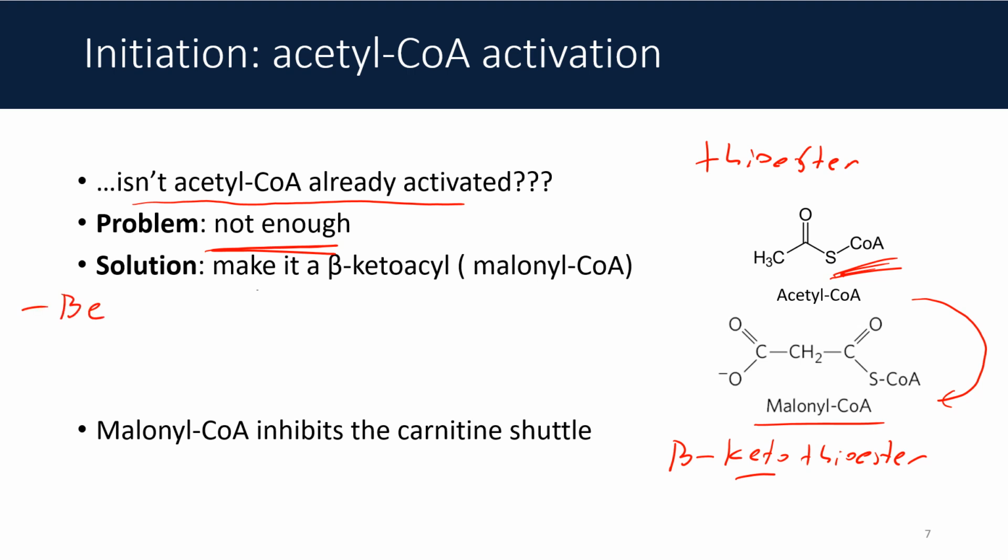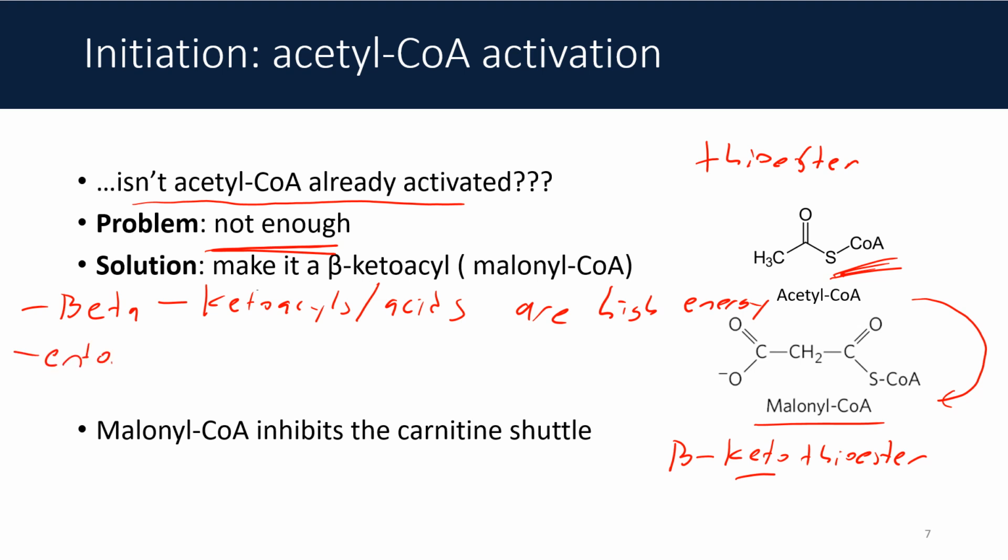We saw this last time during beta oxidation. Beta ketoacyls slash acids are high energy. And the reason why they're high energy is because we have entropically favorable decarboxylation.